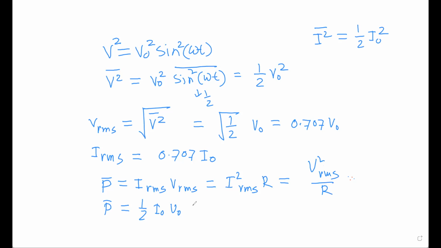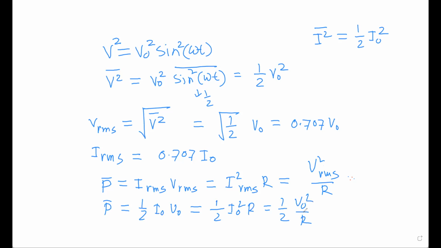That's because if you substitute the values of VRMS and IRMS in terms of V0 and I0, you can get these equations.